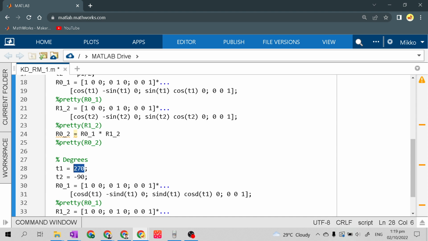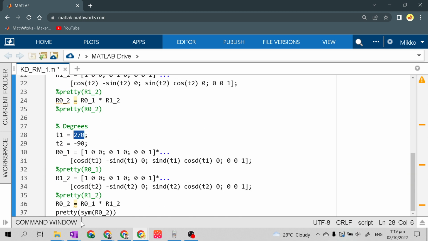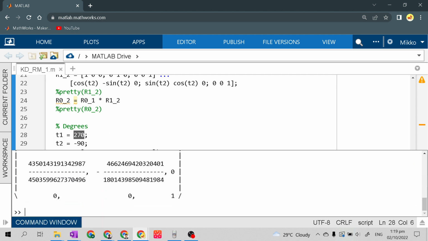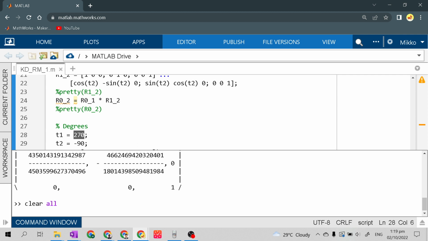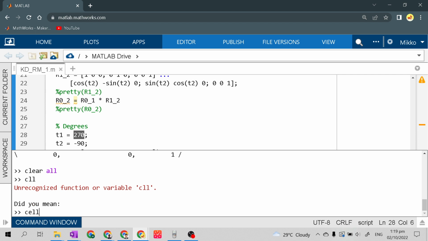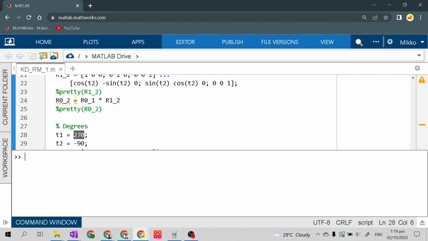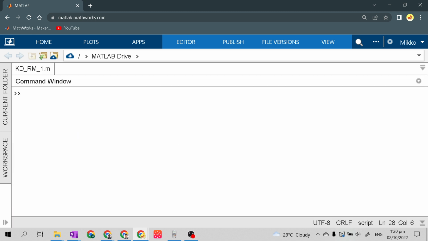So it's the same. Negative 90 degrees is also 270 degrees. Please review the rotation angles and their conversion from radian to degrees, then degrees to radian in terms of pi. So let's press F5.